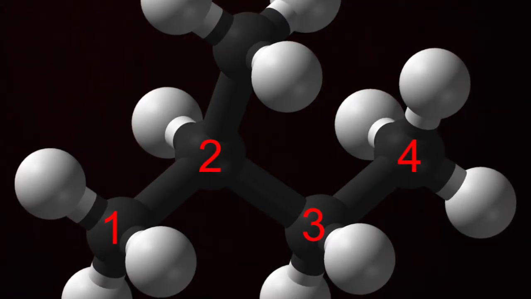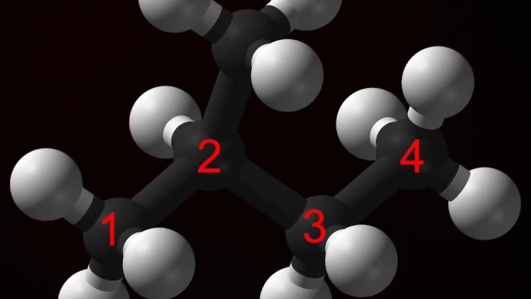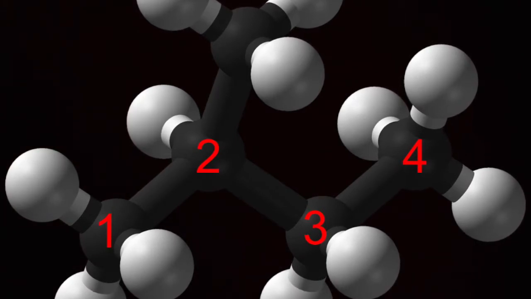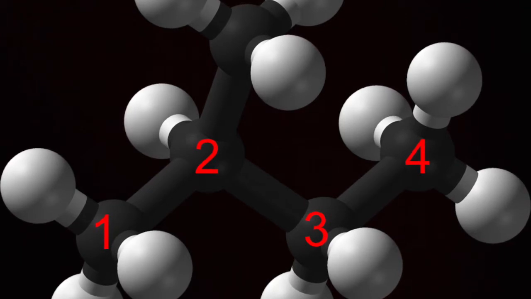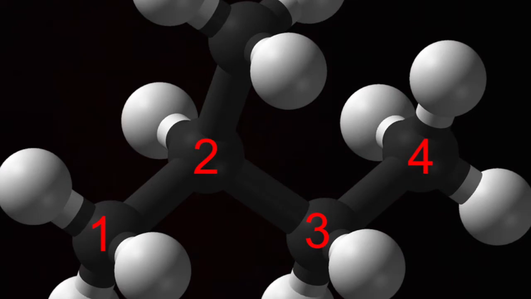The branched alkanes are derived from linear alkanes, but instead of having just a straight chain in their chemical structure, it has a branch with one or more alkyl groups.